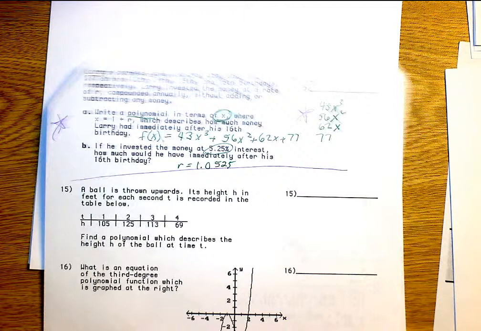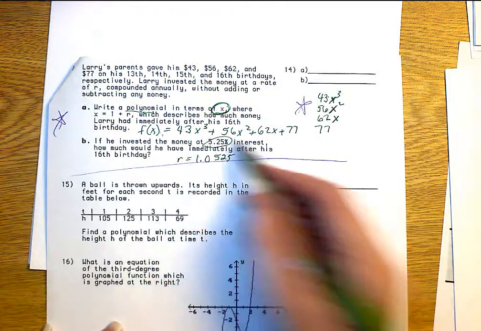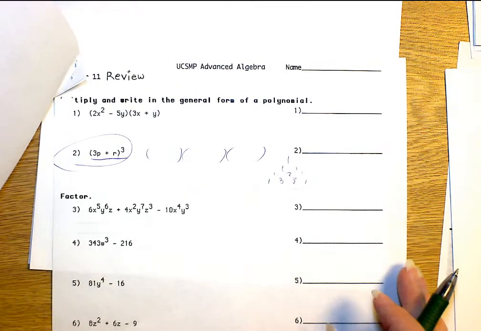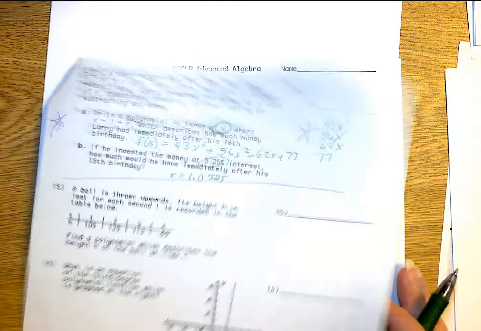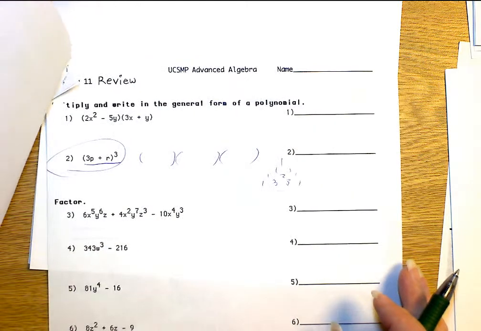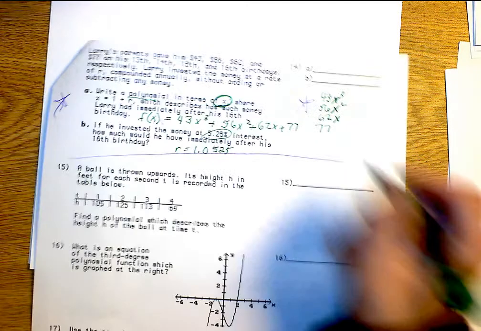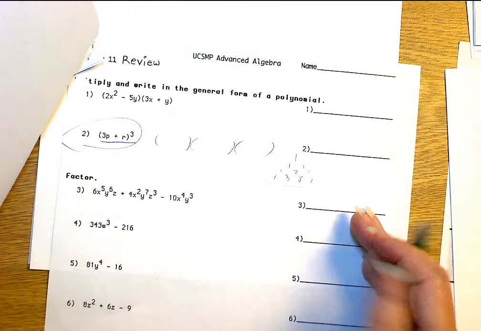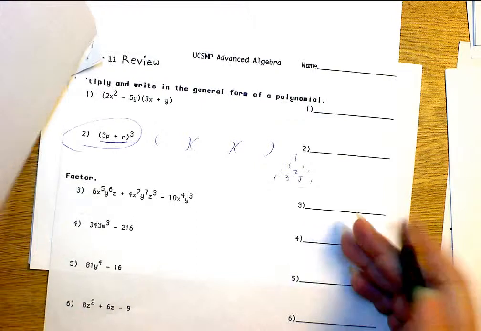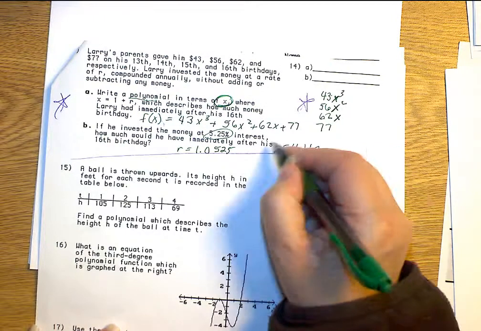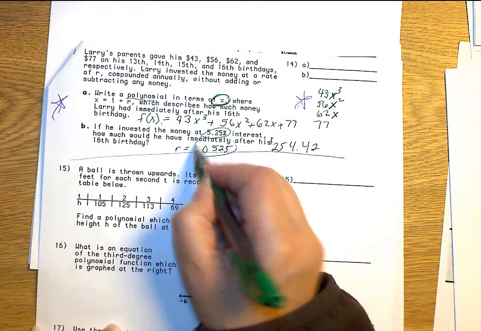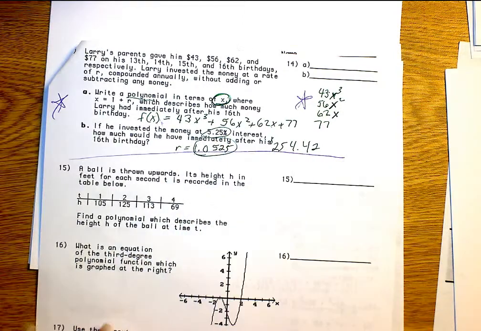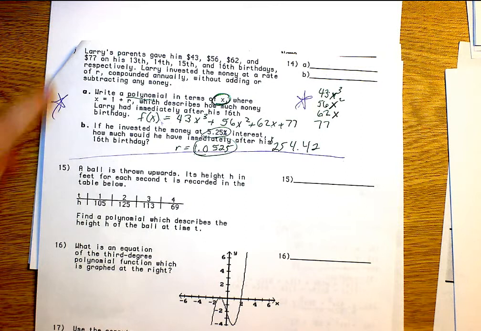If you put it in for each x and you cube it, you should get 14,254.42. So all you're doing is putting this in for every x and then putting it into your calculator. Questions on that?